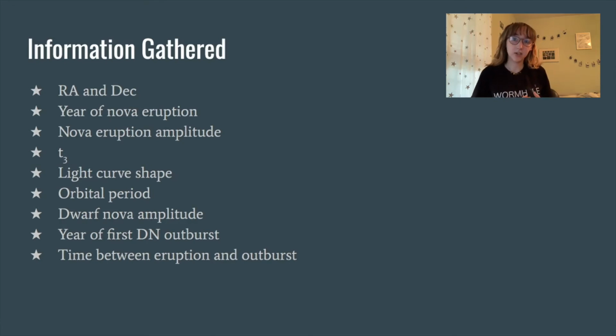The right ascension and declination, the year of nova eruption, and the eruption amplitude, or how bright the nova got. T3, which is the time it took to decrease in 3 magnitudes of brightness. We needed a light curve shape, which we got from photometry or literature, orbital period, the dwarf nova amplitude, the year of the first dwarf nova outburst, and the time between dwarf nova outburst and the nova eruption.